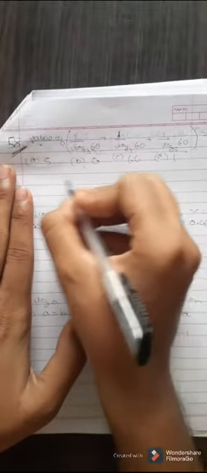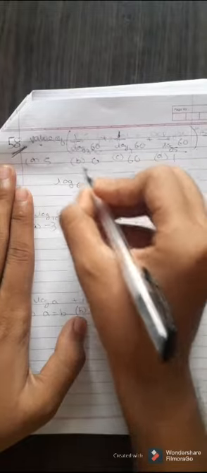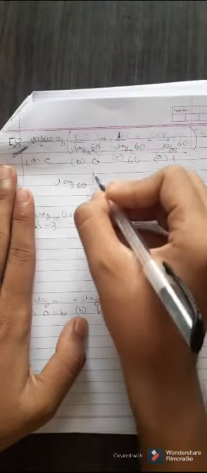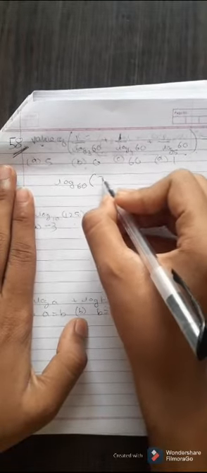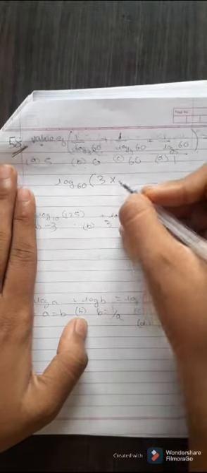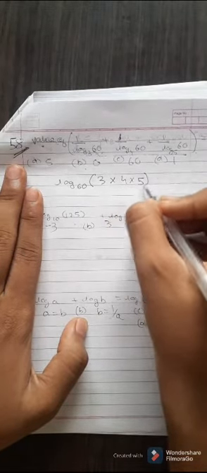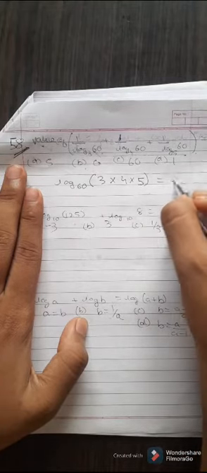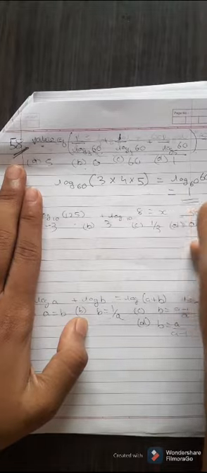So directly I am doing this. I will get log with base 60. After applying the numerator and denominator concept, I am directly multiplying, that is 3 into 4 into 5. This will give me the answer as log of 60 with base 60 equal to 1.